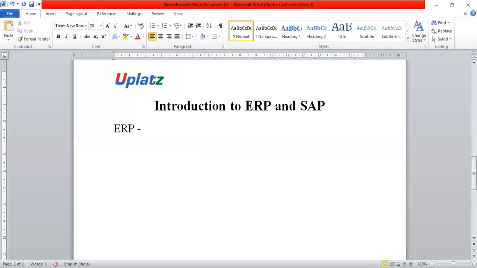The full form of ERP is Enterprise Resource Planning. So this is one type of software, this ERP, Enterprise Resource Planning.